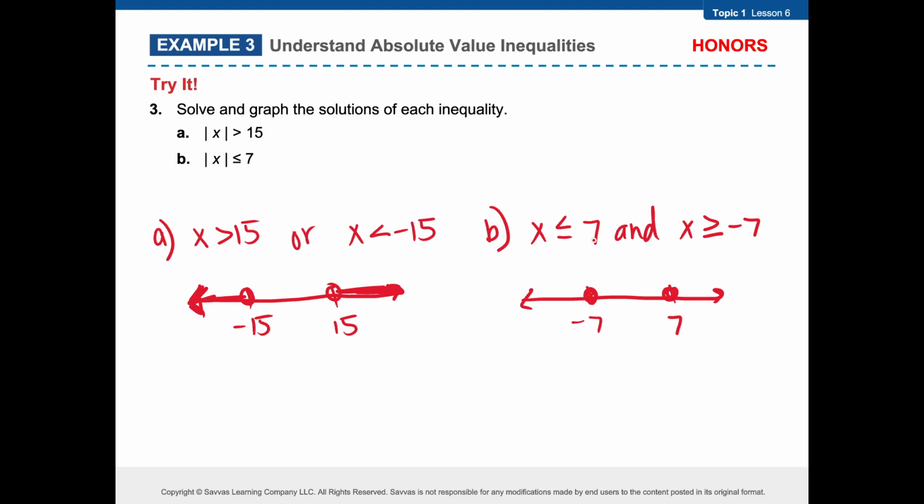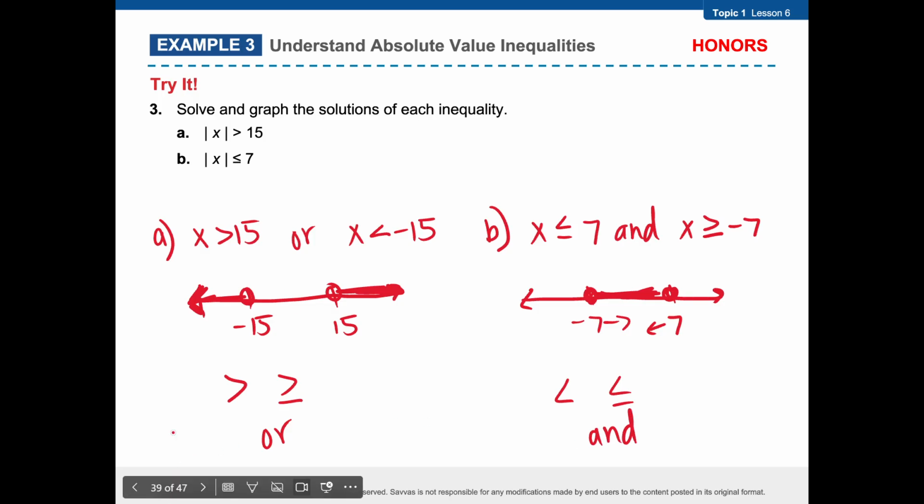Both have closed circles, and less than 7 is to the left, greater than -7 is to the right, so shaded in the middle. So again, just to reiterate, greater than or equal to would represent your ors when it starts off, and then less than or equal to are your ands when they start.